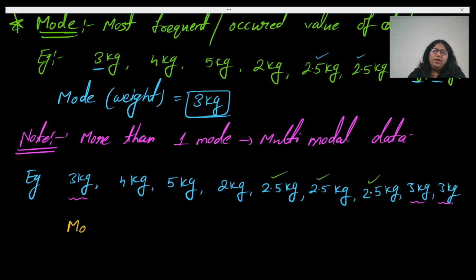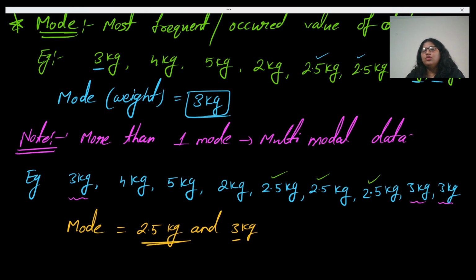So you will write down that there will be two modes, which are 2.5 kg and 3 kg. If there is more than one value coming the same number of times, then you have multimodal data. So this is the way we calculate mean, median, mode of ungrouped data.